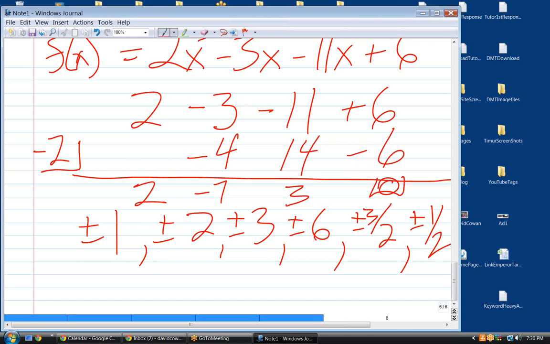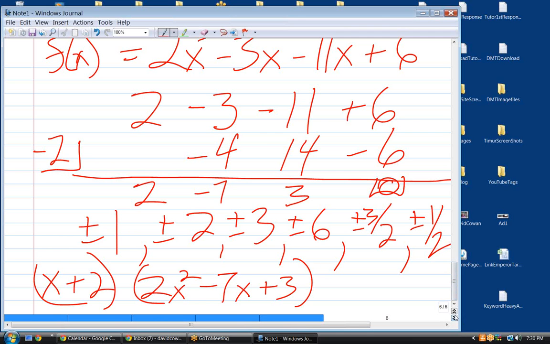So, what is my linear factor and my remaining quadratic? X squared minus 7x plus 3. That's the remaining quadratic. What's my linear factor? X plus 2.